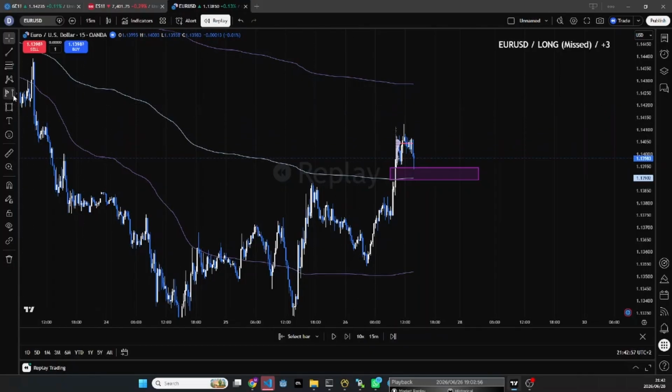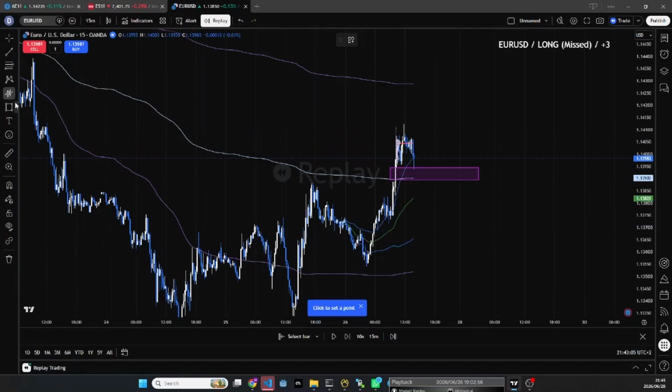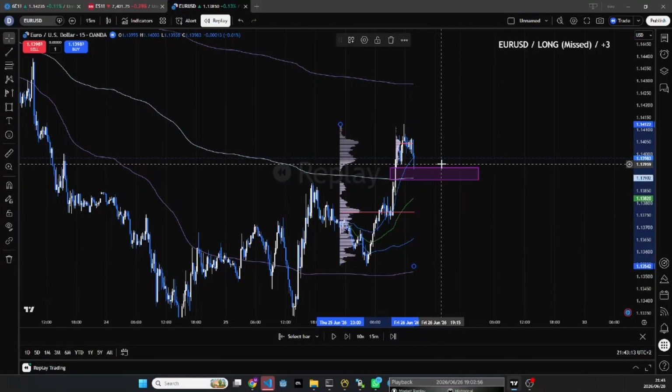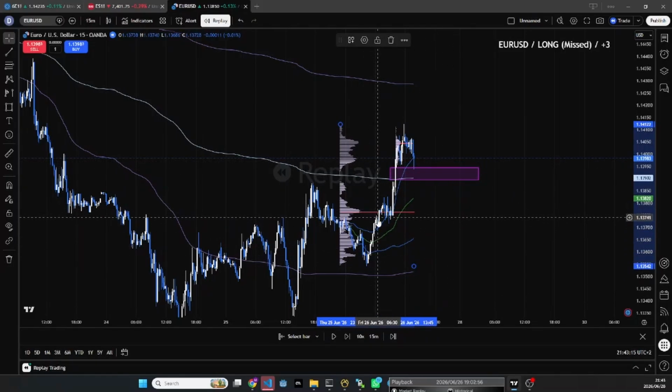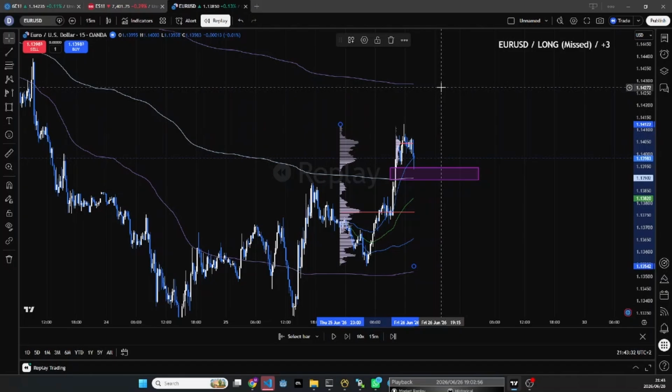However, when we add some context, it showed a fairly different position. If we put our session VWAP on and draw out our volume profile for the session, what we actually see form is that the market broke out earlier over the first deviation into what they call price discovery, ramped up, and then returned to bounce off the first standard deviation of the VWAP and the value area high of the day, making this a very nice trend continuation trade to the target, which would hopefully be the upper VWAP.